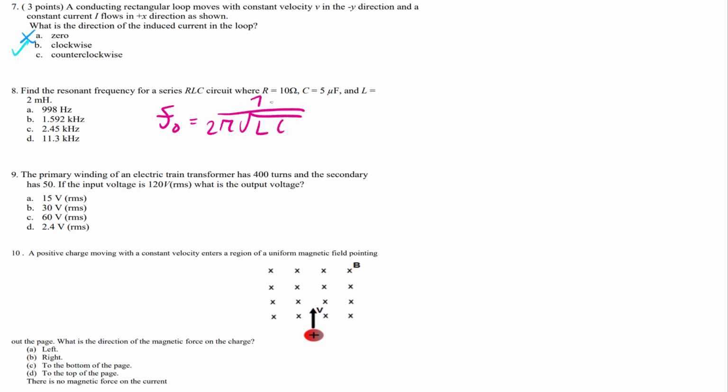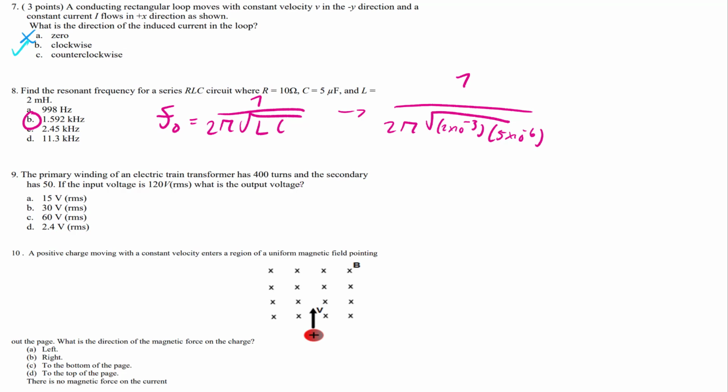So that is 1 divided by 2 pi times the square root of L, which is 2 times 10 to the negative 3, multiplied by 5 times 10 to the negative 6 farads. If you were to do that on a calculator or in your head, you would get 1.592 kilohertz, not volts, but hertz. All right, so that was a give me problem.